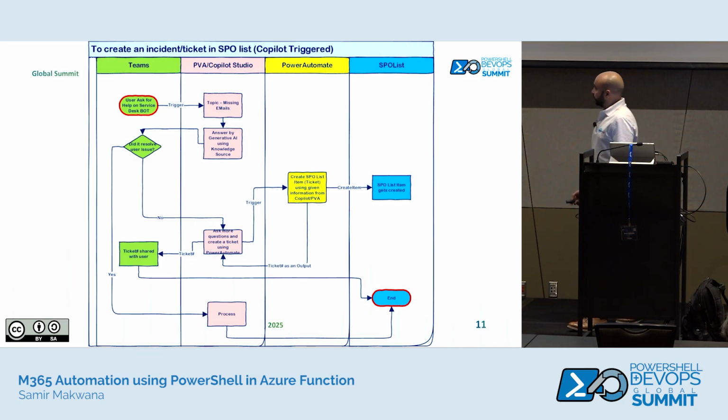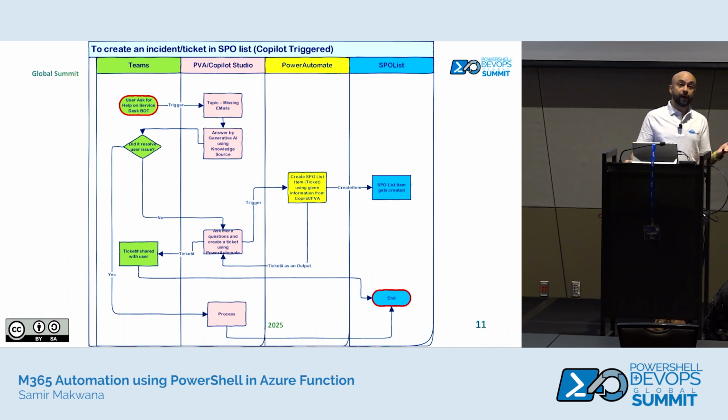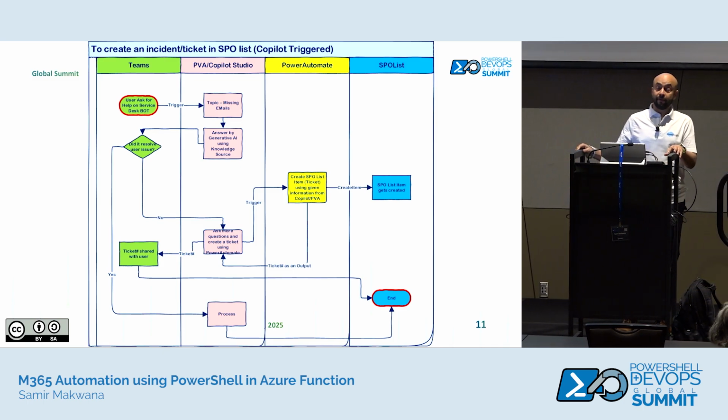So what we did so far: we used Teams to trigger a Copilot Studio agent, which used to be called Power Virtual Agents. Now, as I said, I do lots of automation, but I take many products, work together, and use them as an integration to build end-to-end solutions, right?